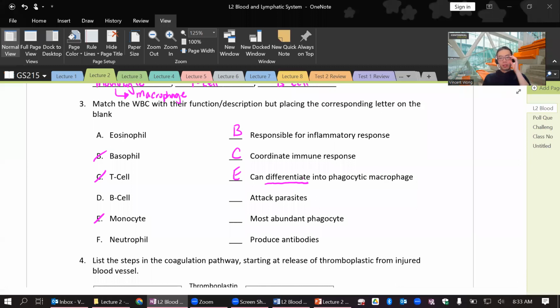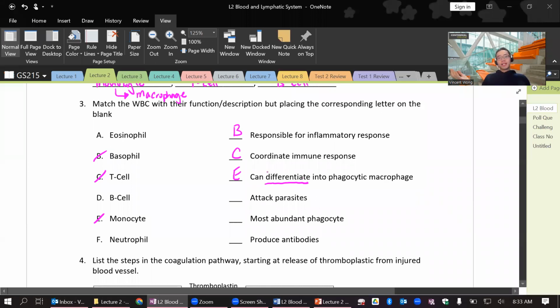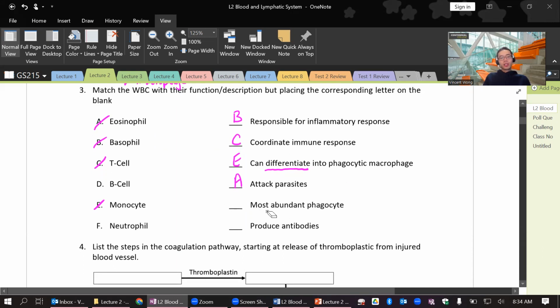It's just a one-way ticket, if you would. Attack parasites. That would be the job of eosinophil. Most abundant phagocyte, neutrophils. And finally, responsible for producing antibodies, that would be the job of B cell.